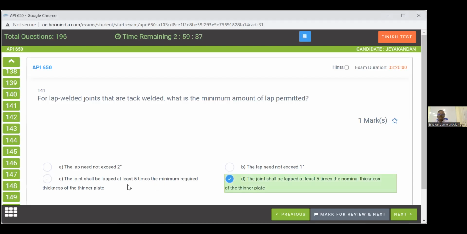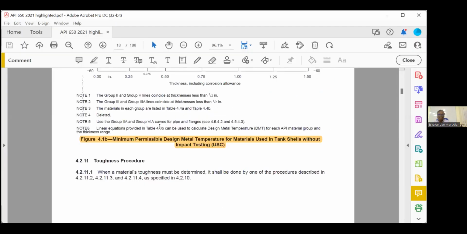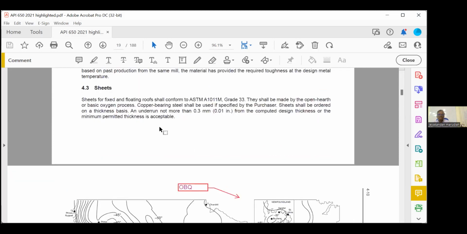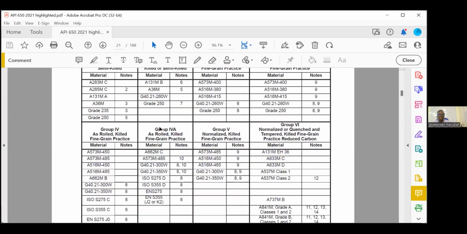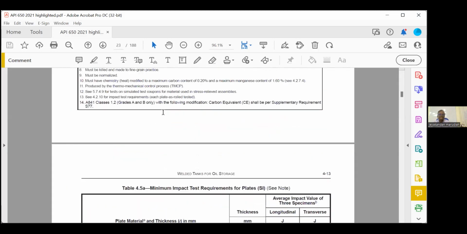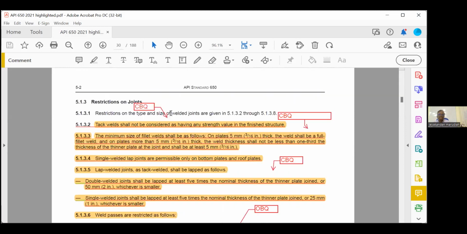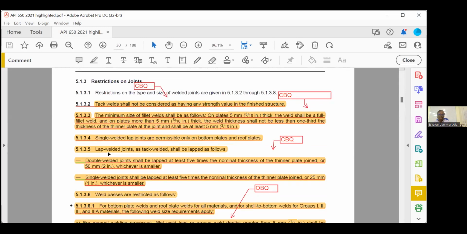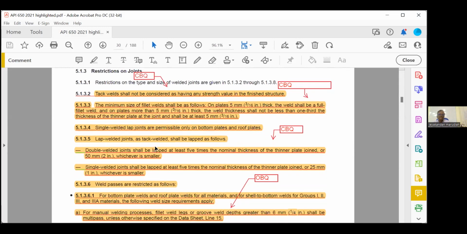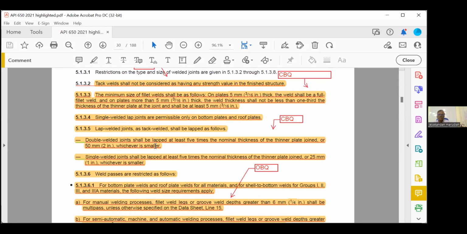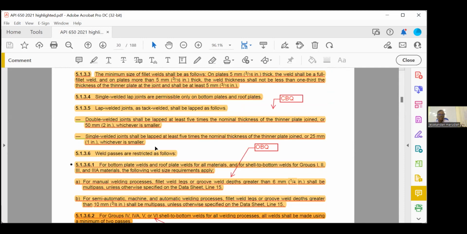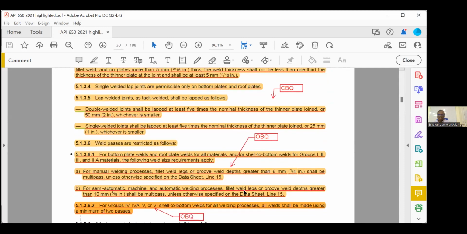Where it is given, let us check. Chapter 5, I will show you the answers also. What is the question?